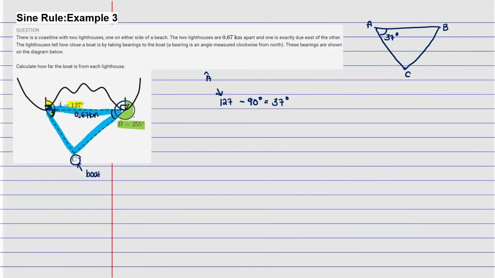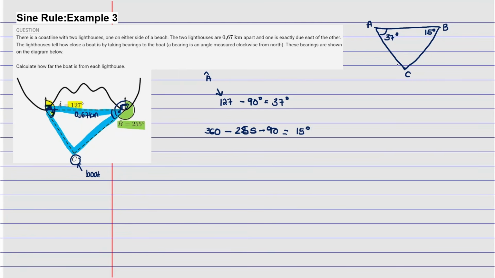So if we take the whole thing, 360, because that's angles in a revolution, and minus 255, then minus that 90, which is here, we're going to get this angle here. And that's going to give us 15. So 15 is going to be here.